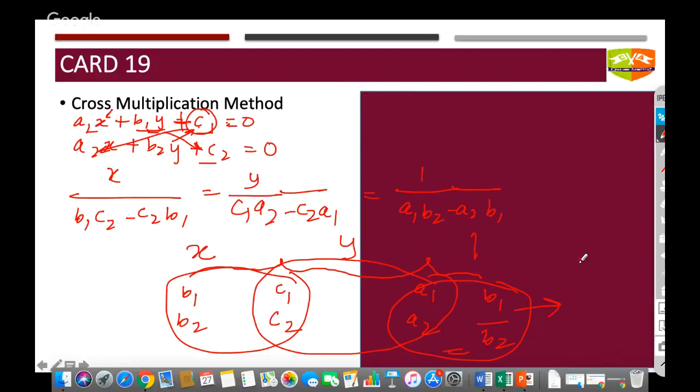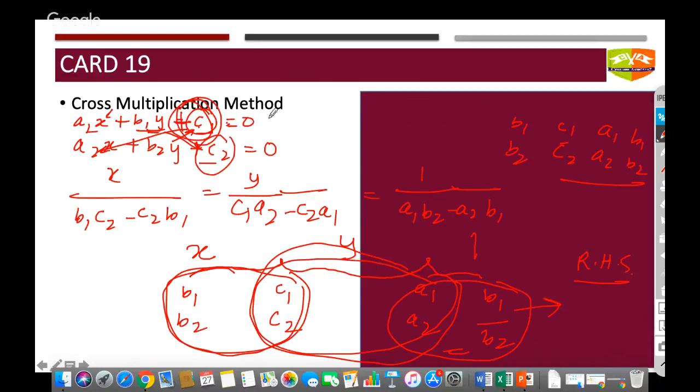So the denominator is always on the right hand side, the numerator for x is just below it, the numerator of y is just below it, and we have to write b1 b2, c1 c2, and a1 a2, and again b1 b2. That's how we have to remember. And this is for which equation? For an equation where c1 and c2 are on the left hand side of 0. If it is on the right hand side of 0, c1 and c2 have to be replaced here with a negative sign, as simple as that. So you need to check this very clearly when you are solving equations.